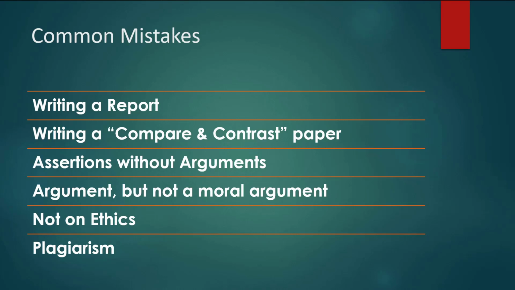As I mentioned before, I've gotten papers on deciduous forests, basically a forestry paper, not about the ethics or anything to do with it, but just about the forest, and papers on the most effective ways to educate children. No moral argument there, just probably an education class paper that was recycled. And so if it has nothing to do with ethics, well, it's got nothing to do with ethics. It's an ethics class with an ethics paper. And so it'd be like if you went to, say, Taco Bell and you wanted tacos, but instead they gave you a spark plug.